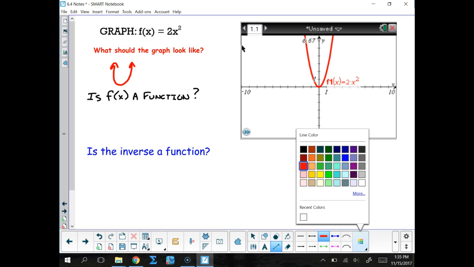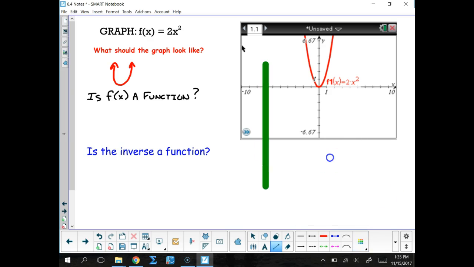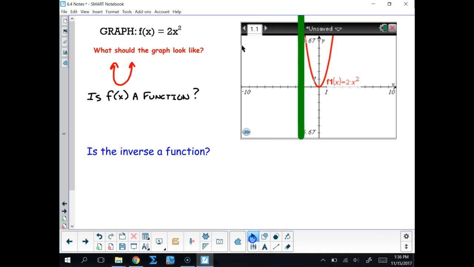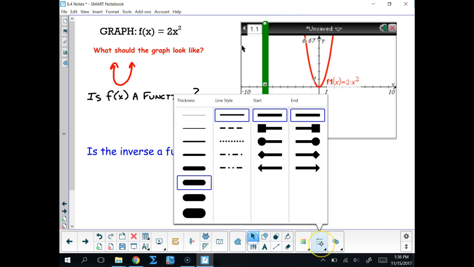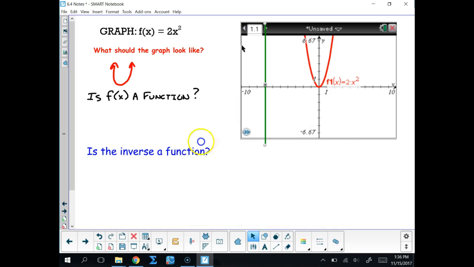So there's my vertical line. I slide it across. It's only touching in one spot. We should make that line a little thinner so that we can see it better. Slide it across. Only ever touches in one spot.